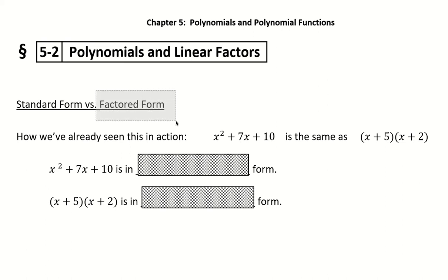Right away, you'll probably notice that the section is called Polynomials and Linear Factors. We're going to be factoring again, your favorite. So, standard form versus factored form. We've already done this and talked about the relationship. x squared plus 7x plus 10 is the same as these two bubbles being multiplied together.